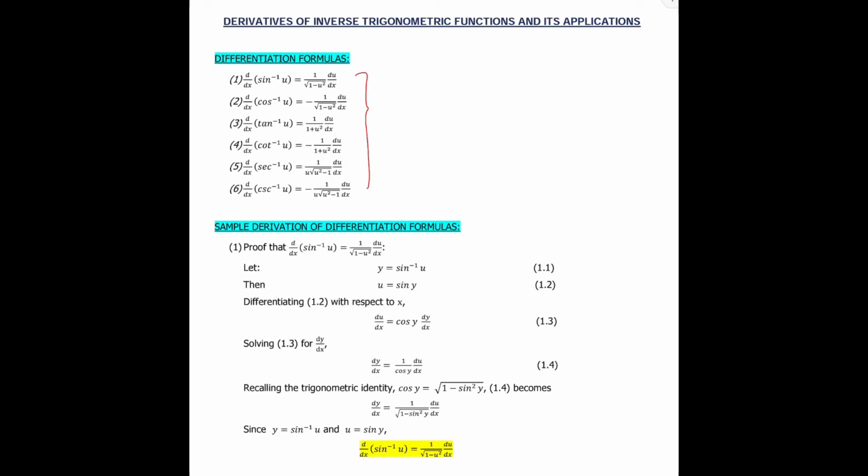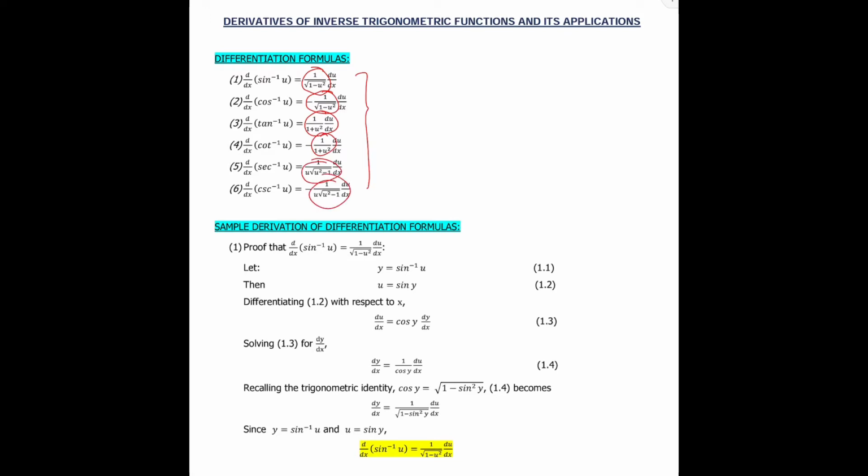So, in comparison, ang ordinary nga trigonometric functions would still involve trigonometric identities sa ilang derivation. But for inverse trigonometric functions, ang iyahang derivation after you have evaluated the derivative kay in terms of u na lang, u as a function.